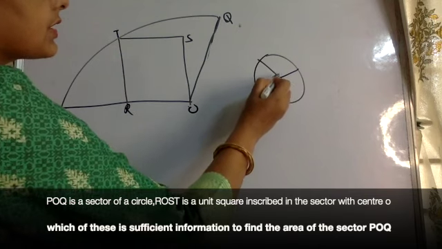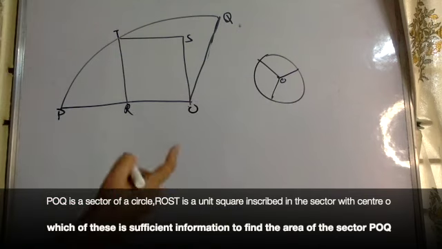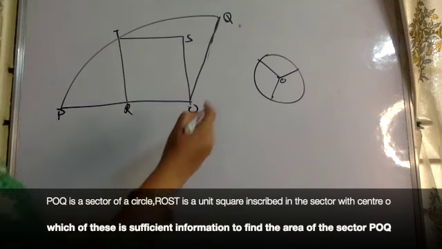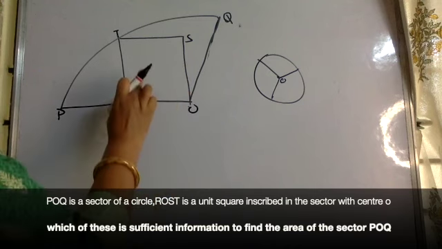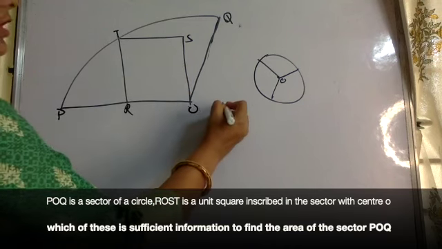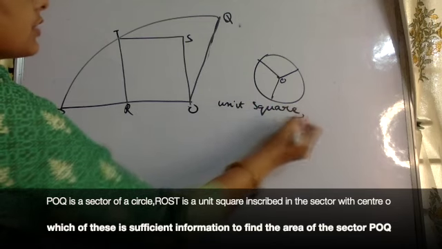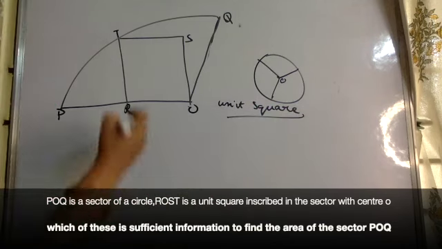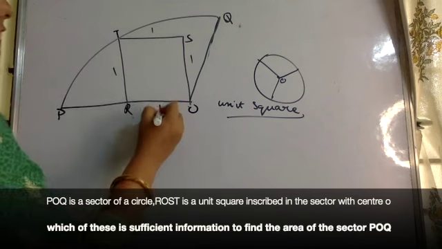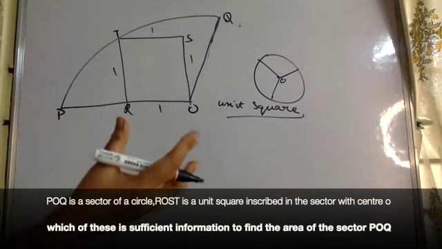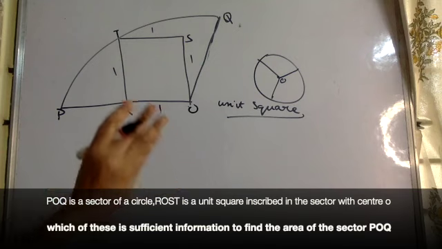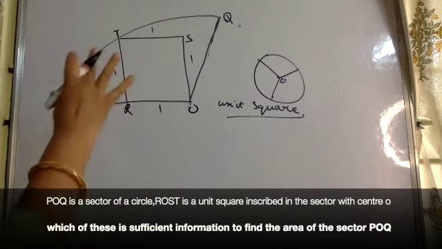So these are all different sectors if this is the center O. Then a sector POQ is given, and it's a unit square. If you read the question, you will see this unit square word used there. It means all the sides are supposed to be 1. It can be 1 centimeter, it can be 1 meter, that is none of our concern, but the value of the sides is all 1.